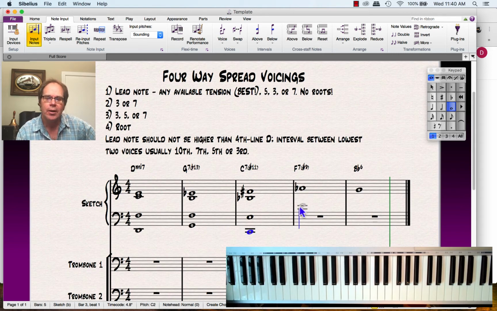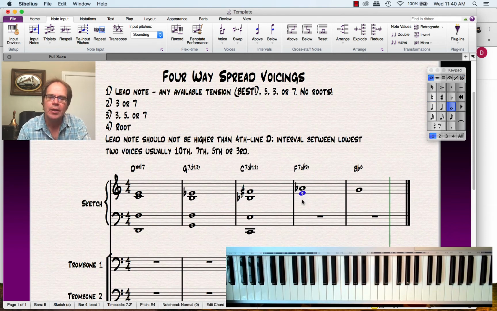Okay, next one. Here I'm actually going to change the voice leading. We have a sharp 9 in the lead. Now I could go ahead and put in that A below it, but then I'd have a pretty far interval between the lead note and the next one down, which is not exactly desirable.